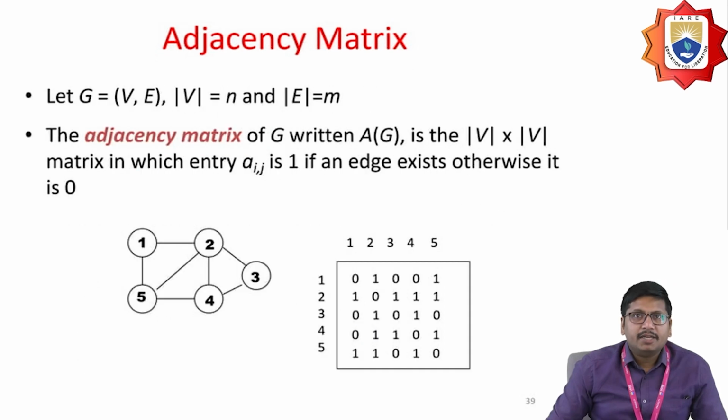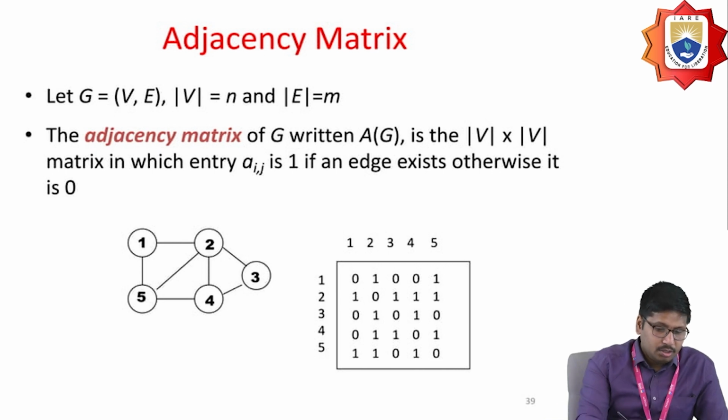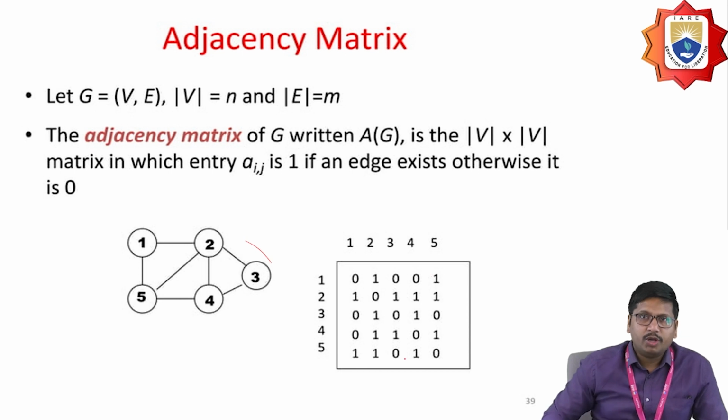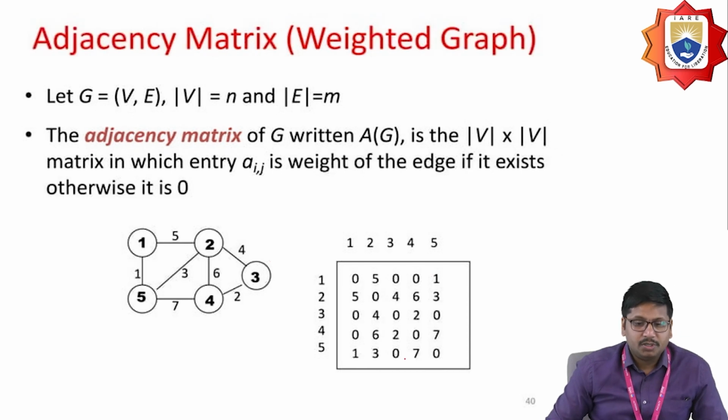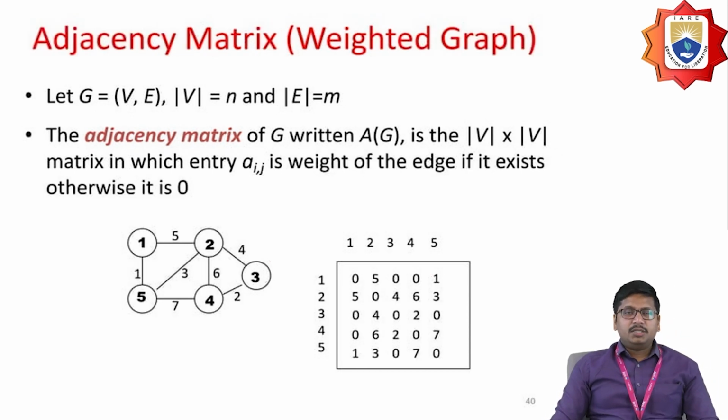An adjacency matrix means we take the vertices as rows and columns. If there is an edge between them, the entry should be 1, and if there is no edge, it should be 0.